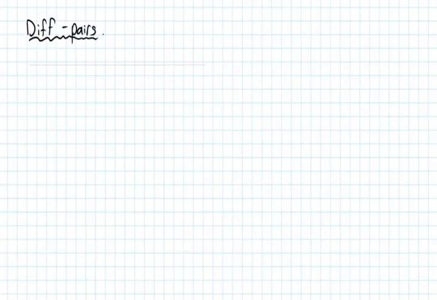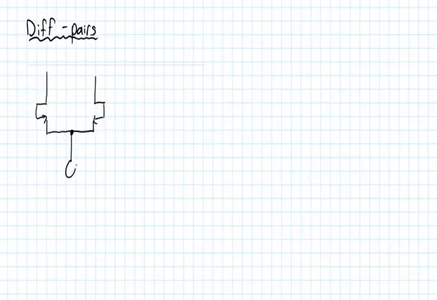Okay, so as we said in the last class, a differential pair looks something like this. We have some set of, in this case, NMOS transistors, although we could have built these out of PMOS transistors. It's really up to us. They are biased by some current source, I bias. At the input of these two transistors, we have two voltages, and let me make sure that is in the IEEE convention.